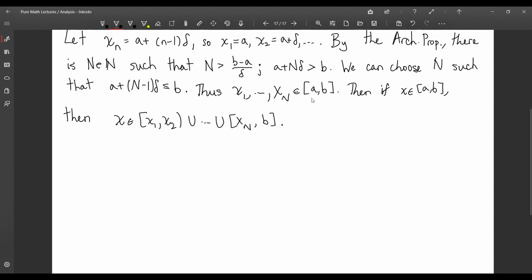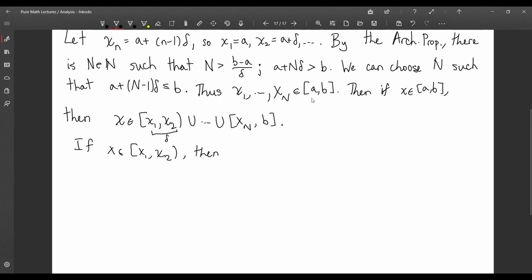And so if x is in, say, this first one, x1, x2, then we can say that... and it's important to remember that these have a width of delta.